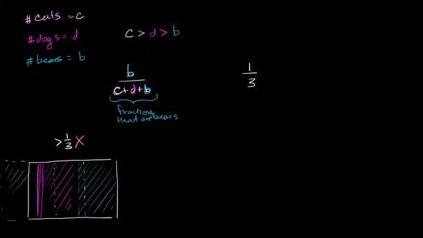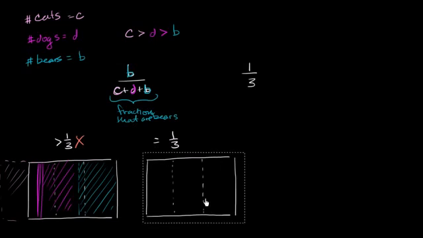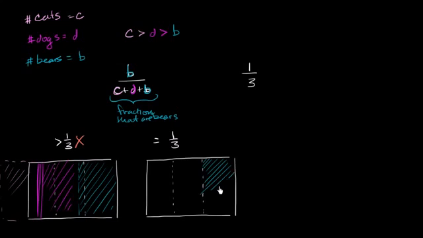Let's think about whether it can be equal to 1/3. Let's imagine if the fraction that are bears were equal to 1/3. So let's make our diagram again. In this situation, the bears are exactly 1/3, so I'll just color in this third right over here. But we know that the number of dogs is greater than the number of bears.